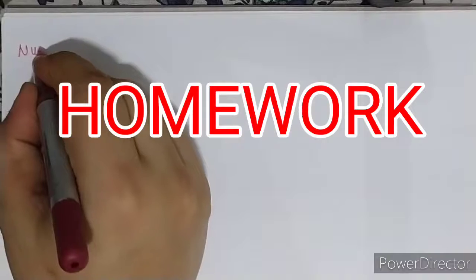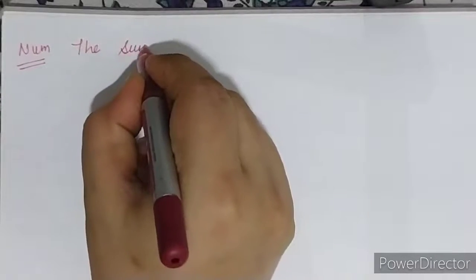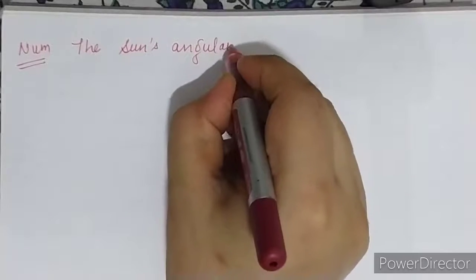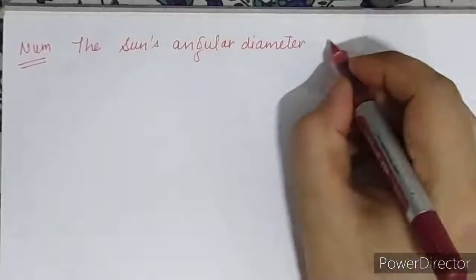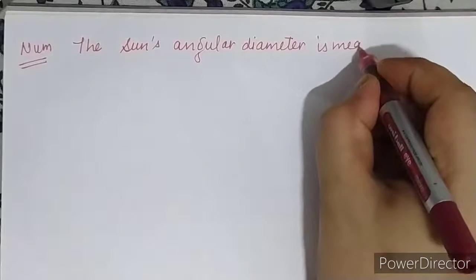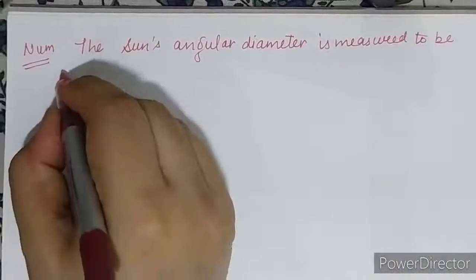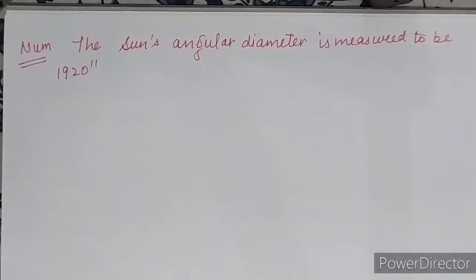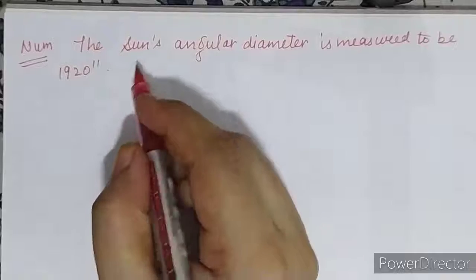You have to solve that the sun's angular diameter is measured to be 1920 seconds.